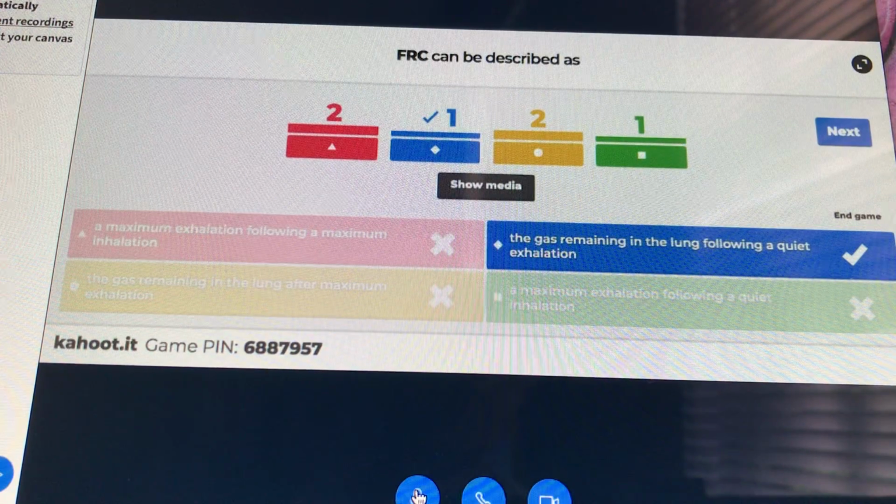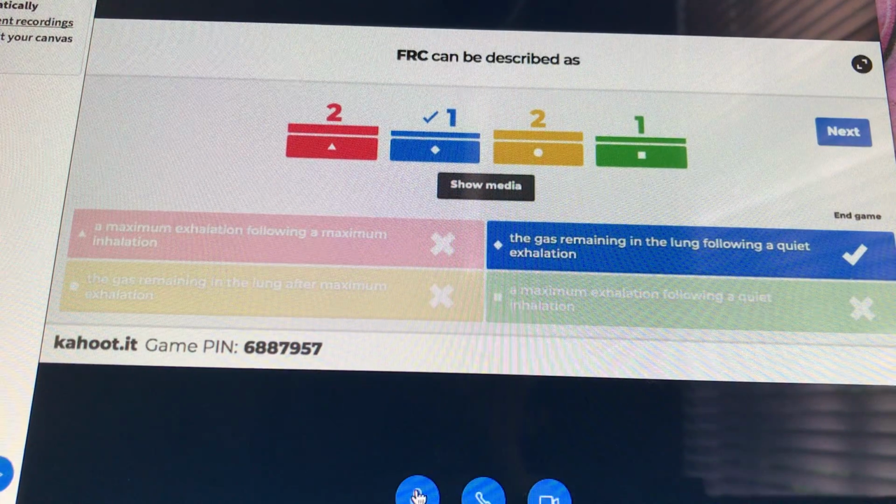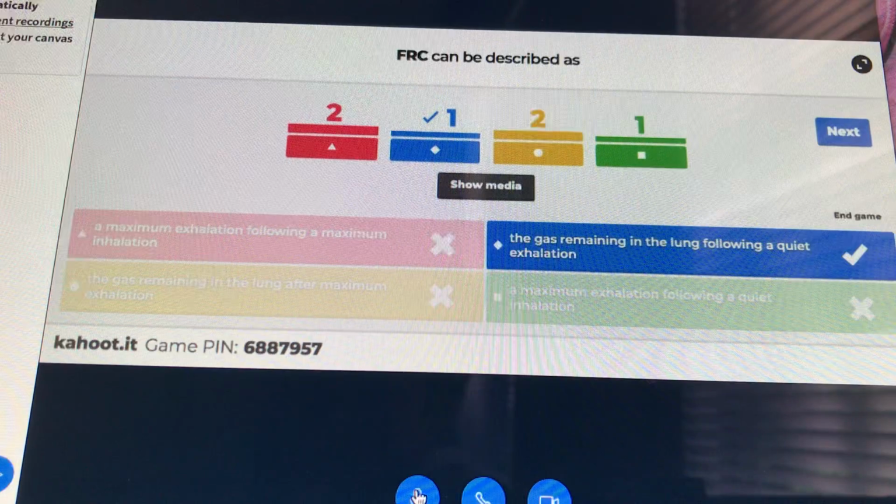ERV? Basically, yeah. So it's not worded this way, but yeah. So maximum exhale. Assuming you inhaled and exhaled normally, what you can exhale maximally on top of that would be your ERV. Oh, okay.